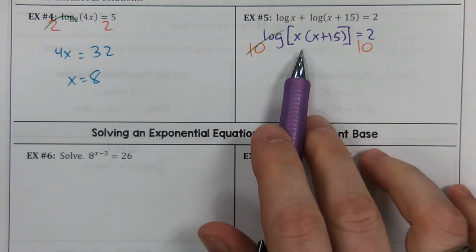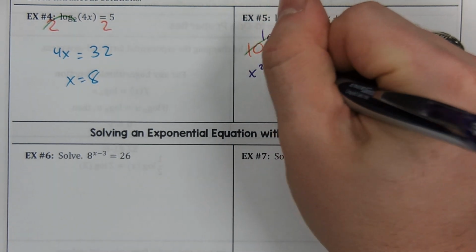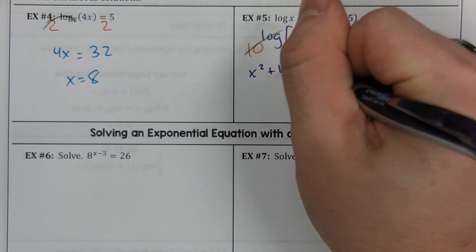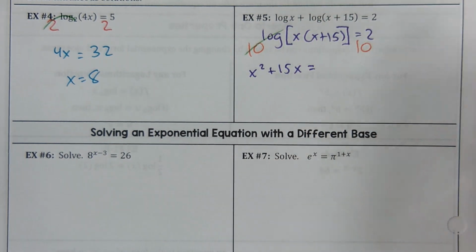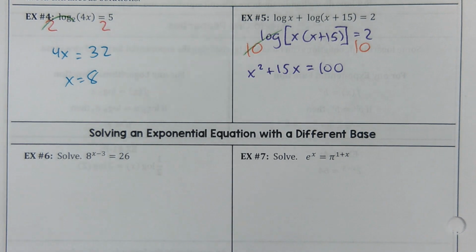I'm going to go ahead and multiply these two things. I'm going to distribute. I'm going to get x squared plus 15x equals 100. Don't fall into the trap of saying 20. It is 100. Oh, look, x squared, a quadratic. You cannot solve a quadratic unless it's set equal to 0.